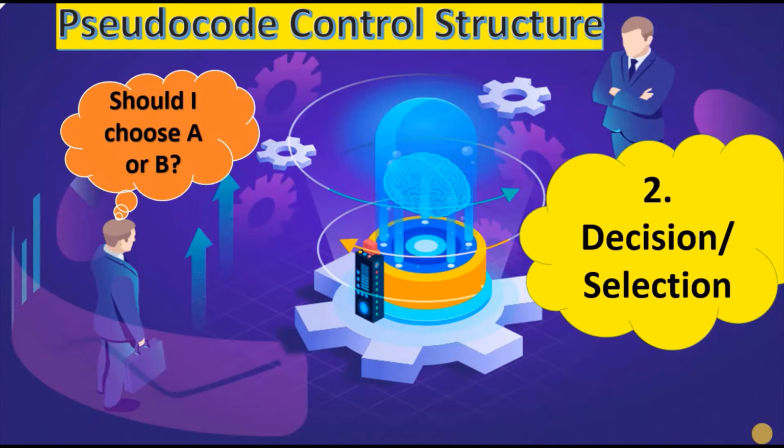Now some keywords that we would also be looking at throughout completing solutions for the decision control structure are 1, if-then statements, and 2, if-then-else statements. All right, so the if-then works in a case where if it is raining outside, then what would happen? Then this means that we would take an umbrella, right?